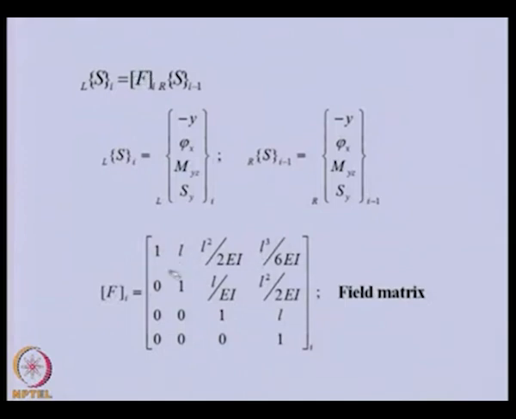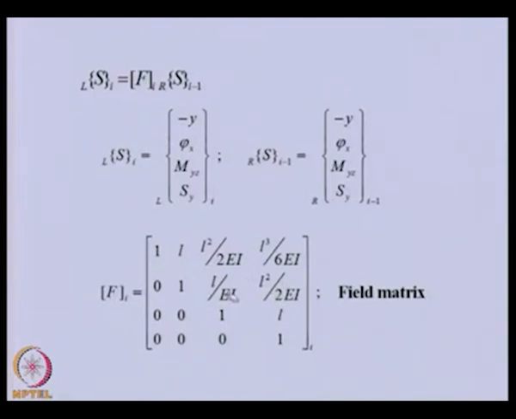If you look at the shear force relation, shear force is at the end, and because these field variables are getting multiplied with 0, we will have the shear force at the left of I equal to the shear force toward the right of I minus 1. Similarly, this is for bending moment, this is for angular displacement, and this is for linear displacement.